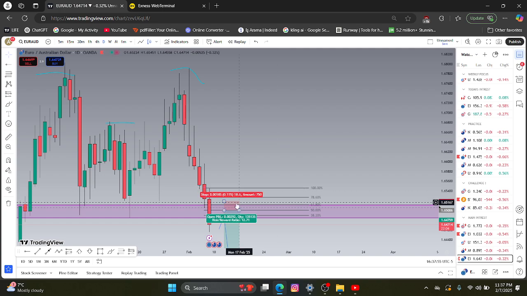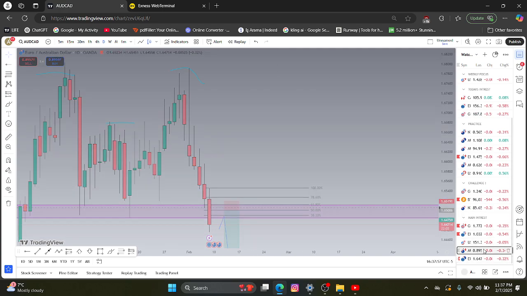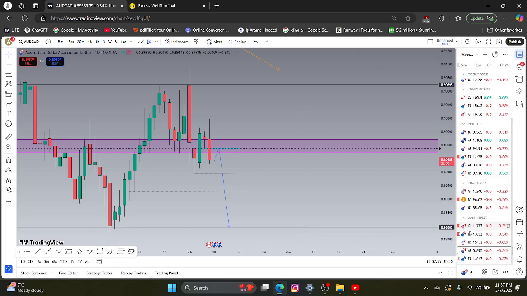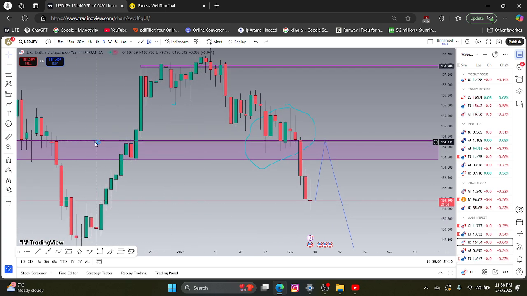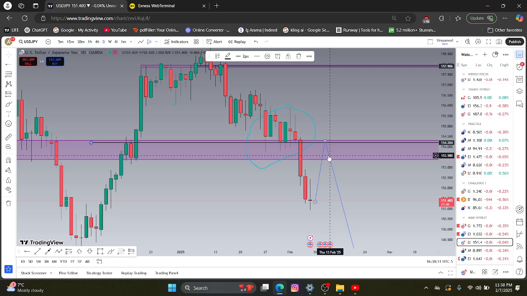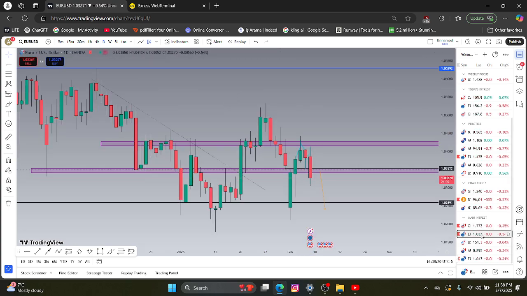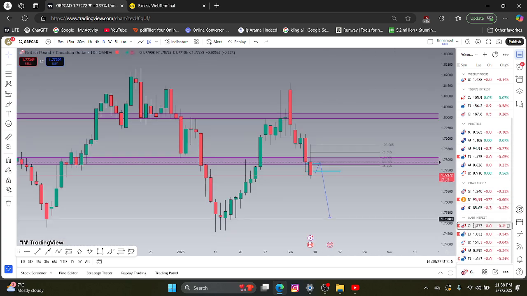We also have another one there, another one there, and another one right there. This one, I'll monitor it closely. There was another one right there. Put this here. Also, this one.